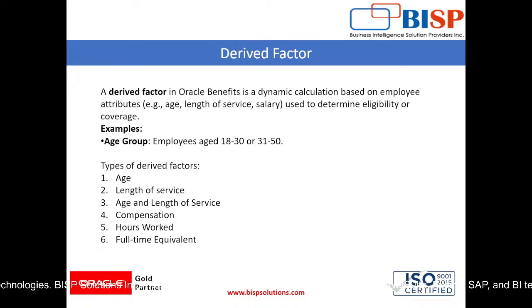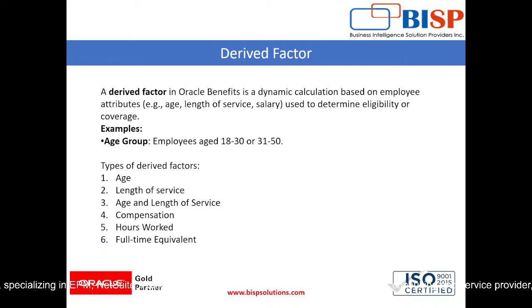So these kinds of factors you can define in the derived factors: length of service, compensation, hours worked, full-time equivalent. Okay. Let's say you want FTE, full-time equivalent, greater than 0.5. Okay.